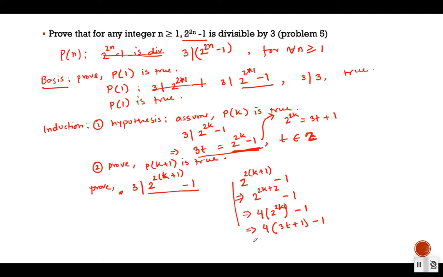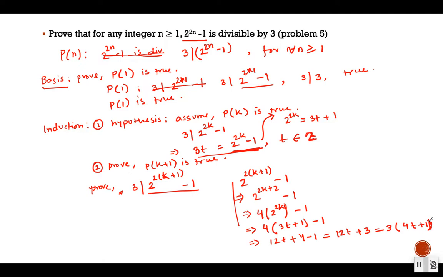So it will be 4 times (3t plus 1) minus 1, which is 12t plus 4 minus 1, that is 12t plus 3, which is the same as 3 times (4t plus 1).